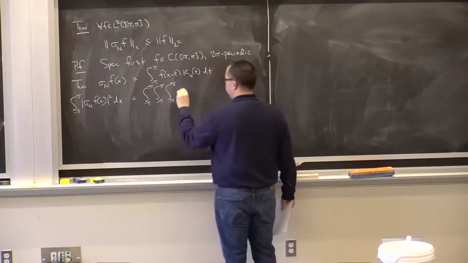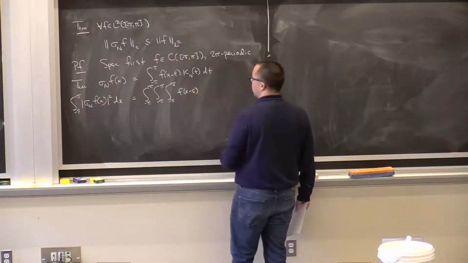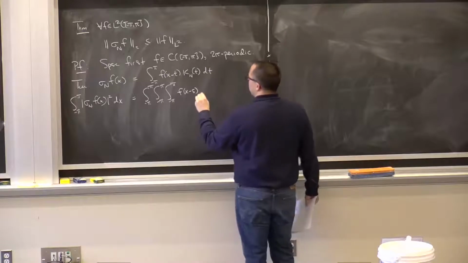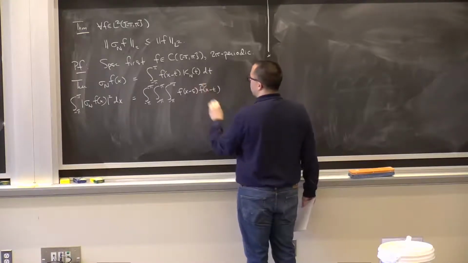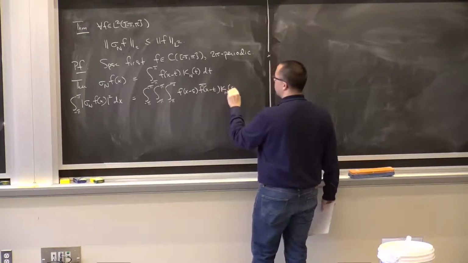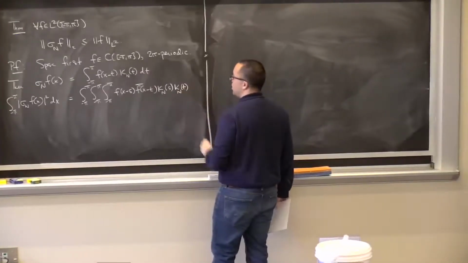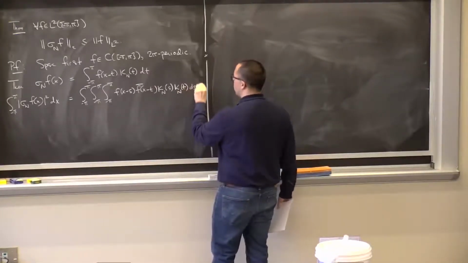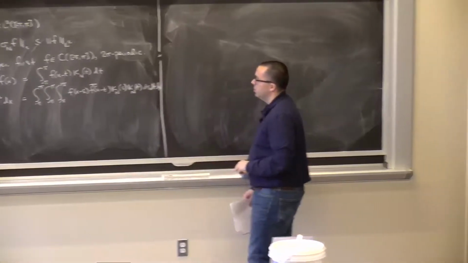And f of x minus s times the complex conjugate f x minus t times kn of s and kn of t, and then ds dt dx. Okay?